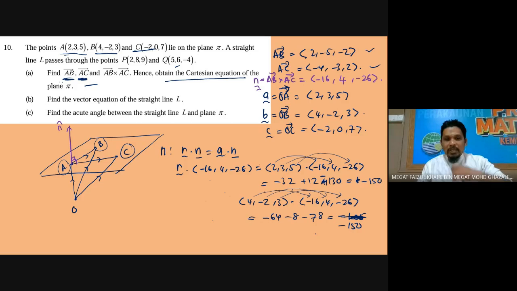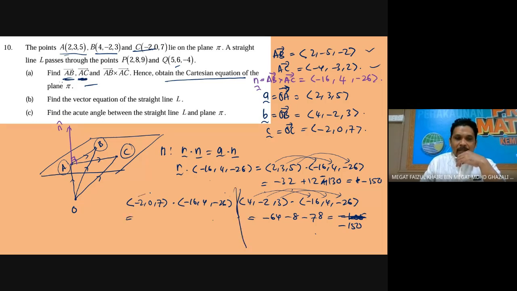Okay, let's try with another one. Point C, where C is negative 2, 0, 7, dot with negative 16, 4, negative 26. Negative 2 times negative 16, 32. 0 times 4, 0. And 7 times negative 26, negative 182.